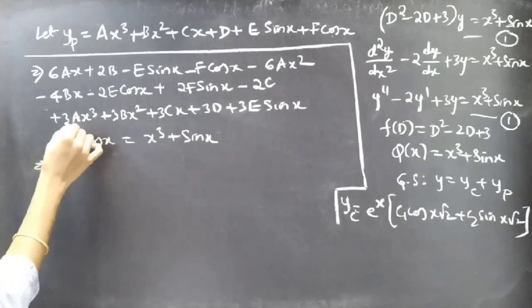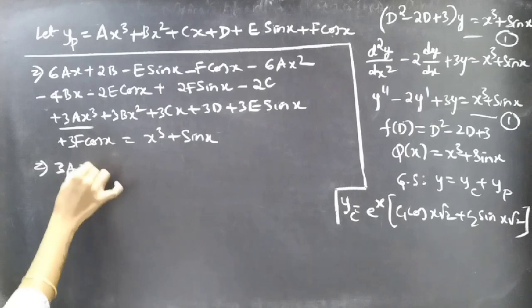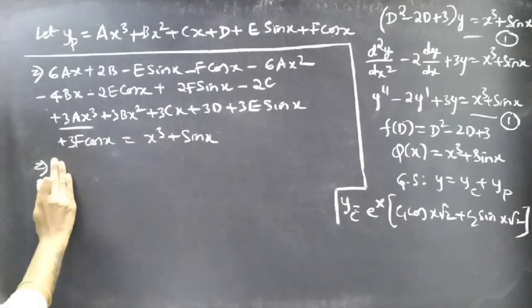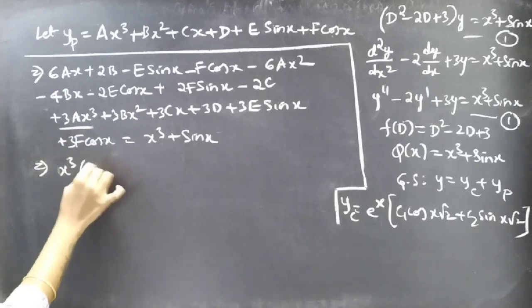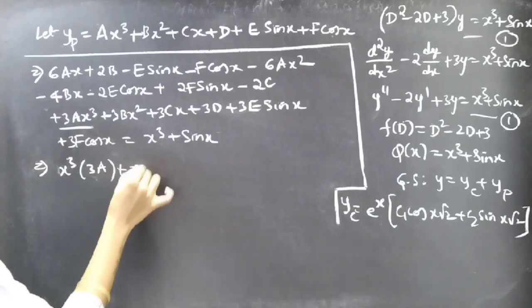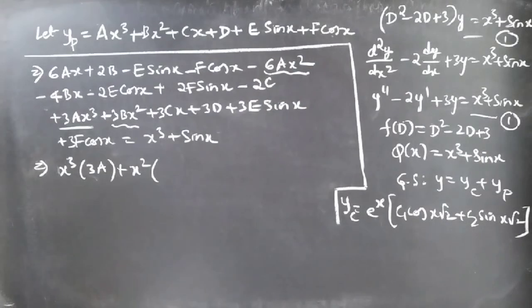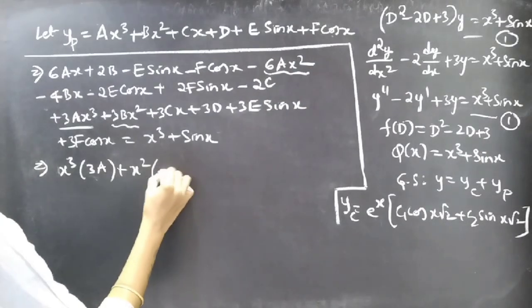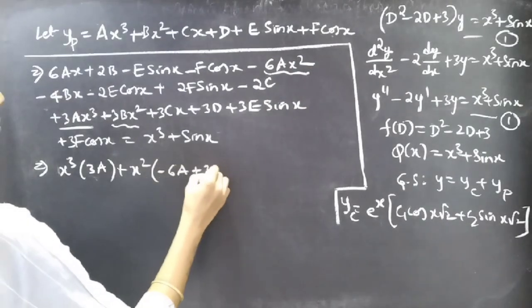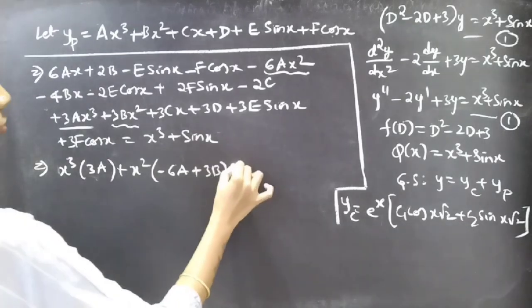Now write the terms involving x cube. You have only one term, 3ax cube, or just take x cube common. And terms that involve x square, only two: minus 6a plus 3b. Now write the terms involving x.